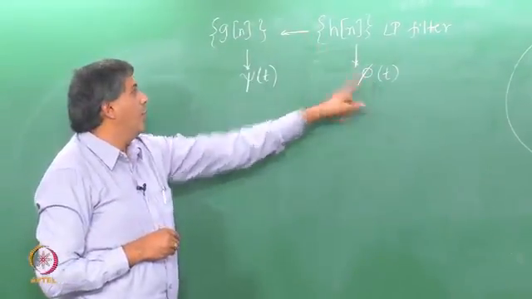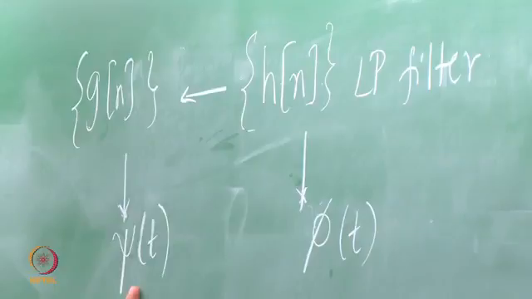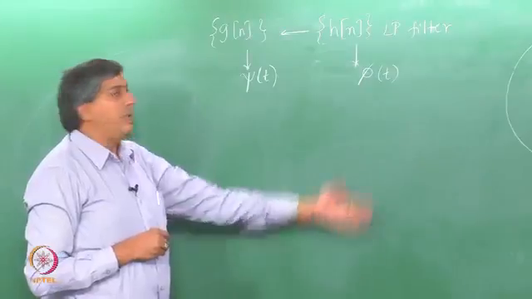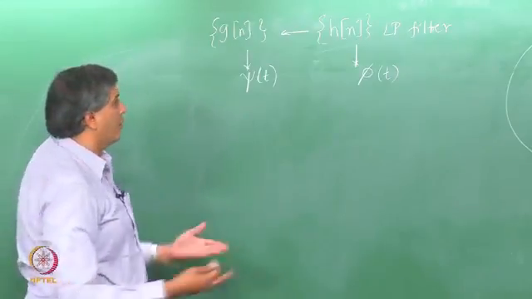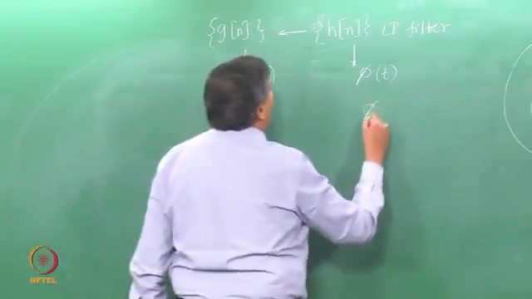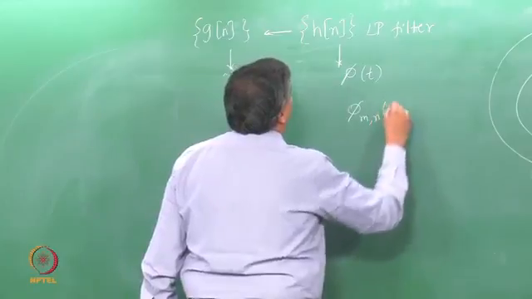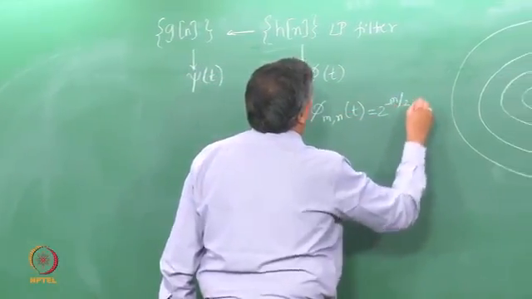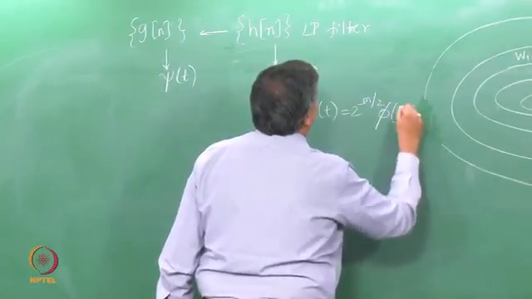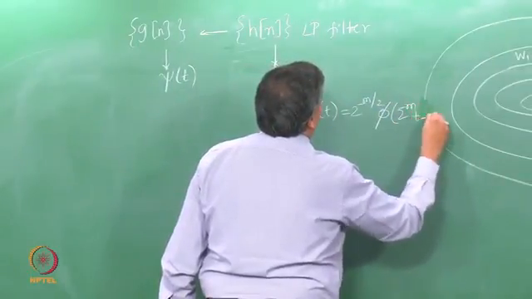Of course, once I know phi of t and psi of t, the scaling functions and wavelets at other scales are automatically known because of the relation, right. I know phi m,n of t is nothing but 2 to the minus m by 2 phi of 2 to the minus m t minus n.